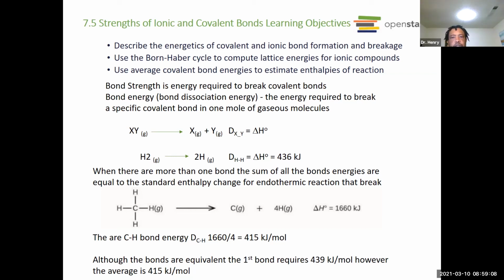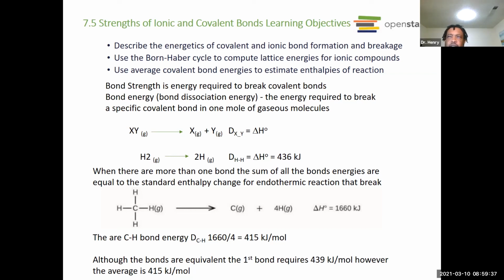The way that we do that, there are certain values that are already provided. If we're talking about a compound, then you'd measure the bond energy of each of the individual bonds, and it's going to be somewhat additive. It gives you a ballpark number of how much energy it would take to dissociate that particular bond, and so it lets us know how strong that bond is going to be.